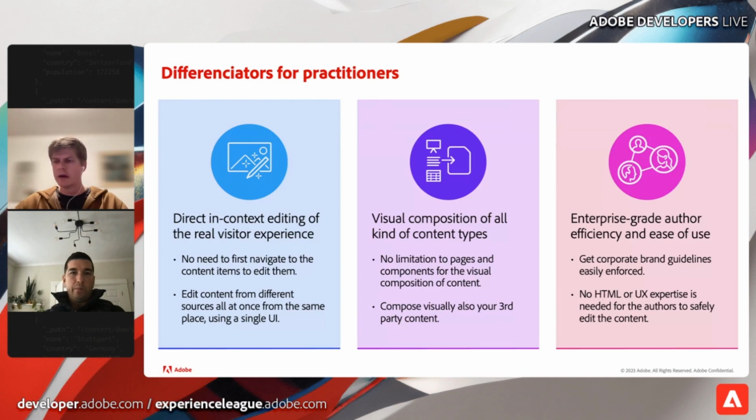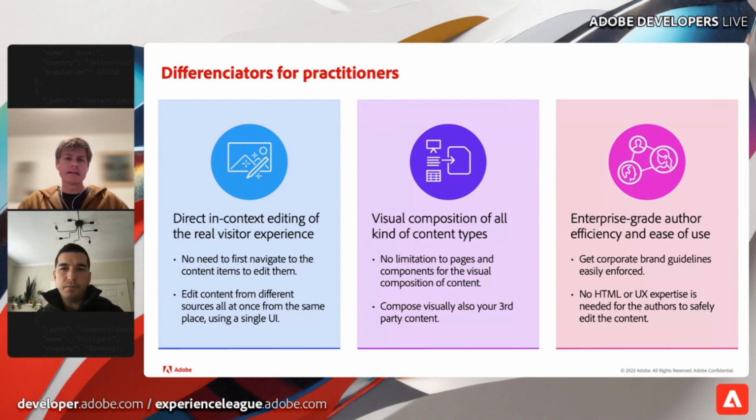You don't need a specific kind of content that lets you do the visual composition, so you're not limited to page content. If you want to create layouts, you could also create layouts from content fragments, like Alex's team is doing. And you can also visually compose third-party content potentially in the future.